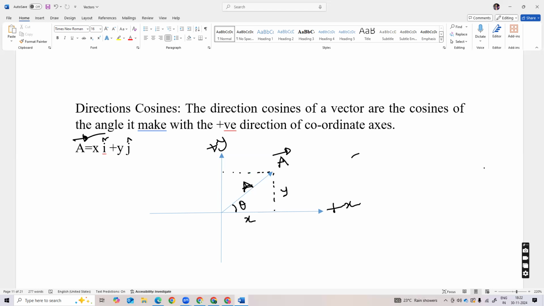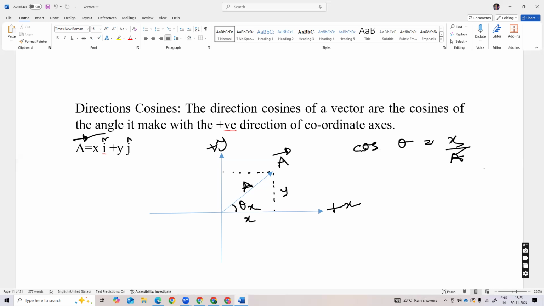So cos theta here is x by a. Let's write this angle as theta x.